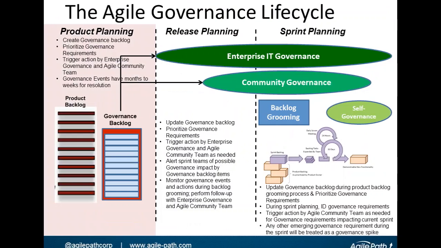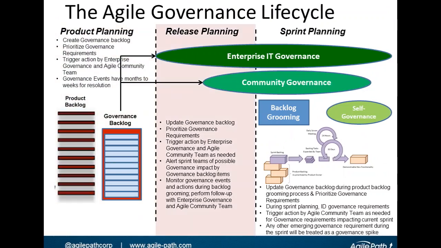This can happen months to weeks ahead of a specific sprint needing that decision made, but that gives the enterprise time to consider and get a resolution for a governance requirement during the product planning cycle, which is something that happens 2 to 4 times perhaps a year, obviously with continuous updates. So that's how the Agile governance lifecycle starts, is creating the governance backlog during product planning.